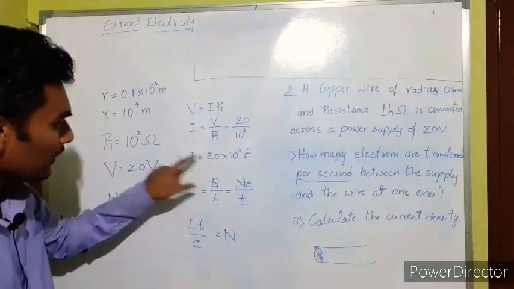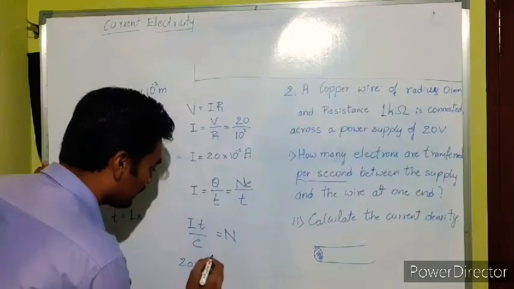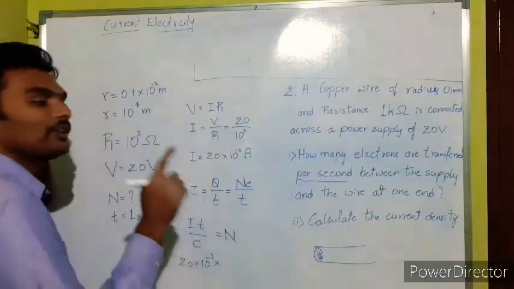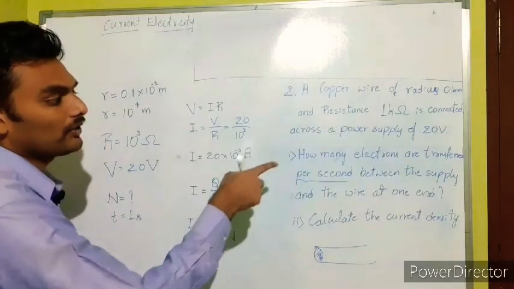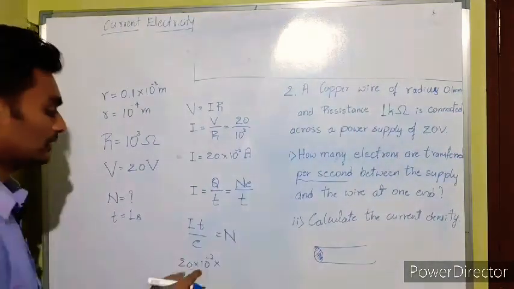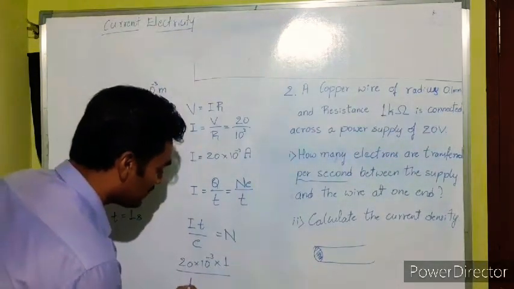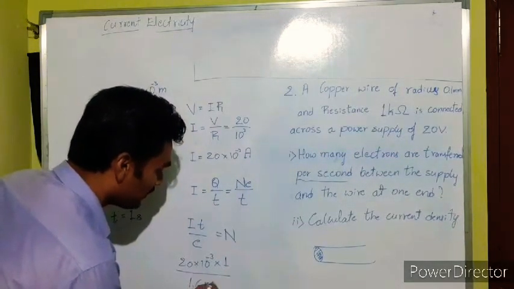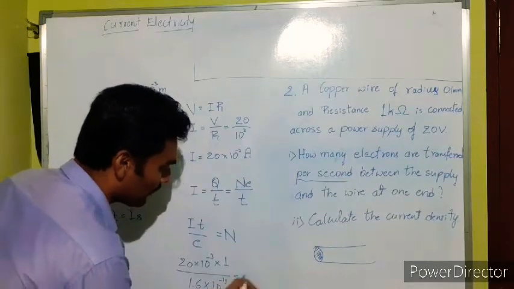So what is I? I is 20 into 10 to the power of minus 3. What is time? Time is 1 second, because they have mentioned particularly that electrons transferred per second. Okay, so time is 1 second, divided by charge of each electron 1.6 into 10 to the power of minus 19 coulomb.